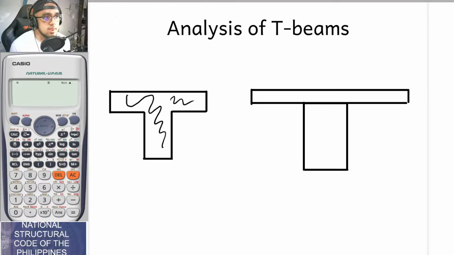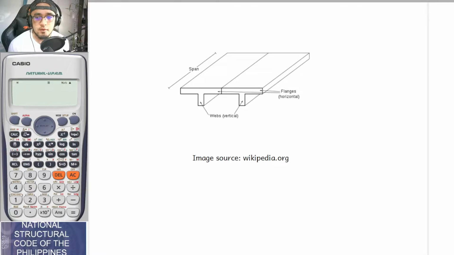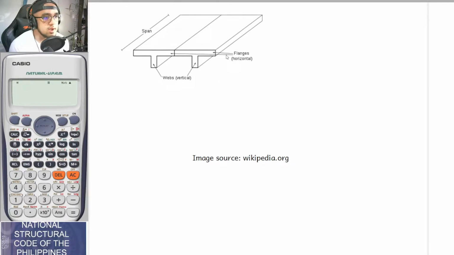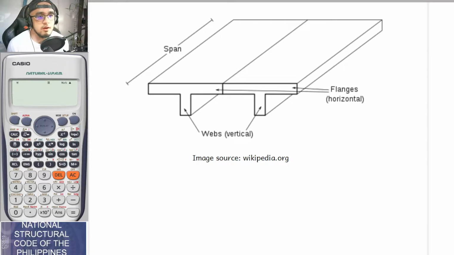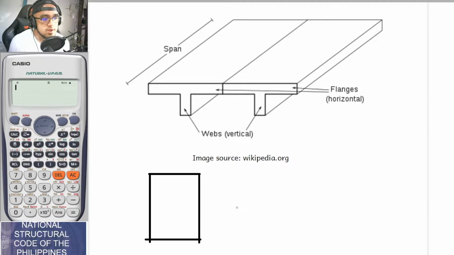Okay, so this is an image from Wikipedia. I will just be increasing its size here. We have here a new term which we call flange. If you can remember from before, let's say that this is your rectangular beam. The parts of a rectangular beam, of course, are your total depth, and if this is the centroid of your steel area, this is now your depth D, or effective D. And you have BW here.